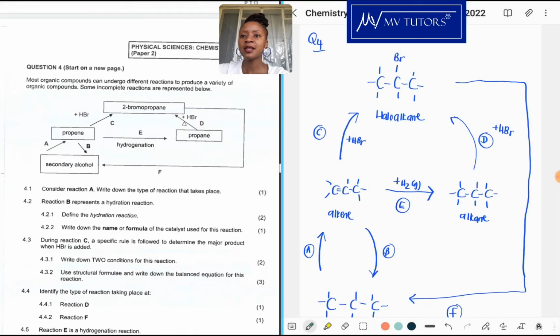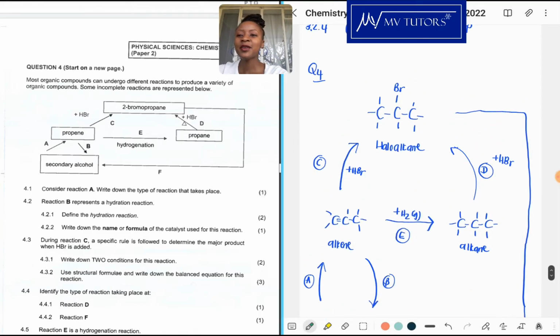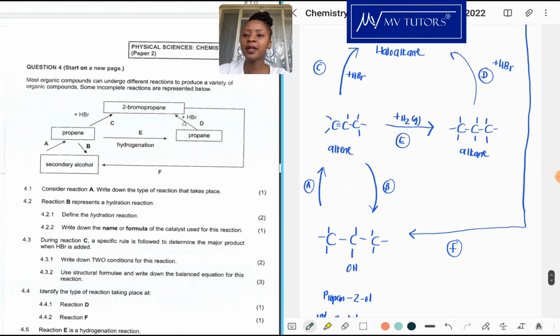Okay, now let's see. For us to go from an alcohol to an alkene, do you realize that we eliminated something? So for us to have a double bond, we had a single bond here, so we took out OH and we took out another H. Let's just say we took out this H over here.